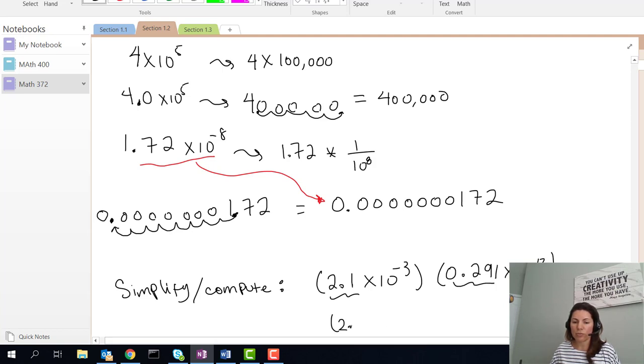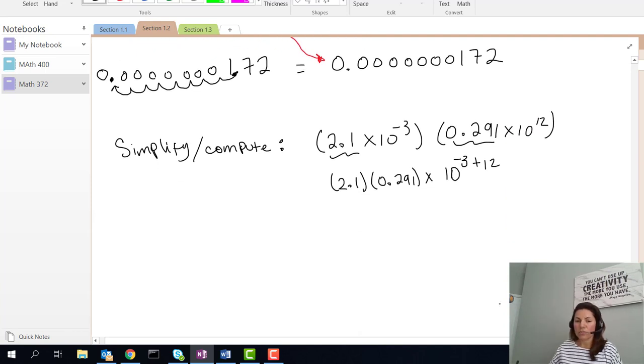So this is going to be 2.1 times 0.291, and we're going to multiply this by 10 to the, and then notice that since we're multiplying the same base, 10 to the minus 3 and 10 to the 12, we add the exponents, so it'll be minus 3 plus 12. So you end up getting 2.1 times 0.291 times 10 to the negative 3 plus 12, which is 9.